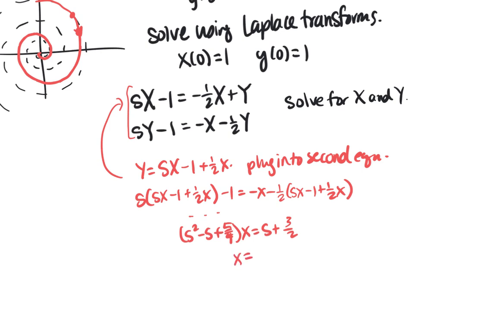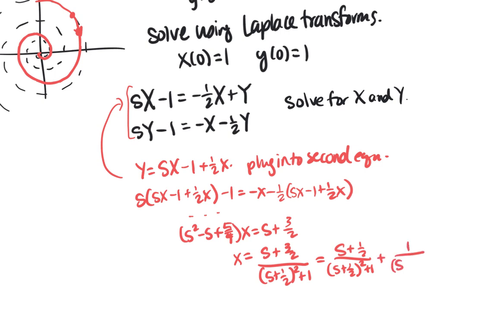I get x equals, after I do a little bit of finagling here, s plus 3/2 over, if I complete the square, (s plus 1/2) squared plus 1, which I can separate into (s plus 1/2) over (s plus 1/2) squared plus 1, plus 1 over (s plus a half) squared plus 1.